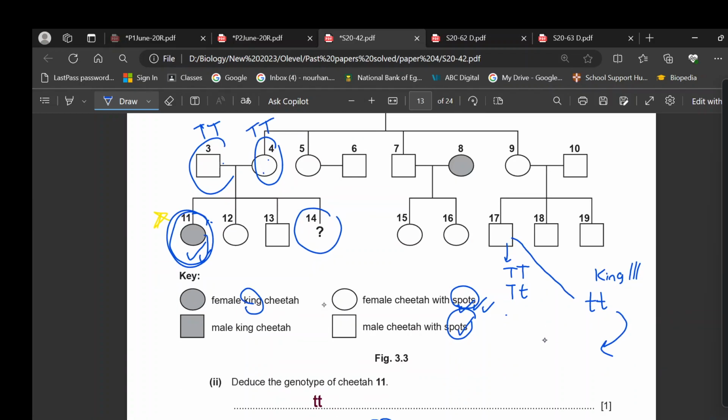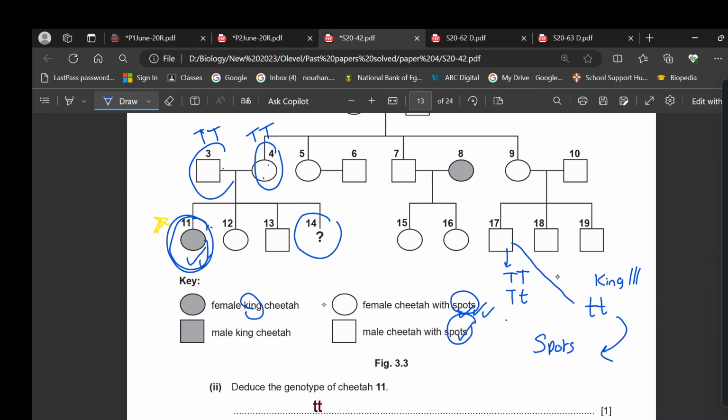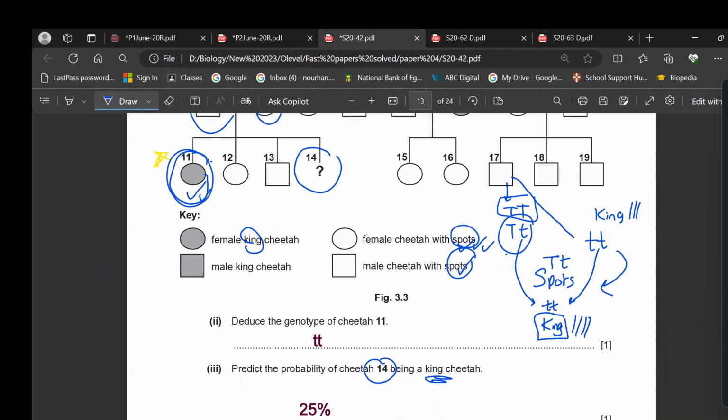If all the babies have spots, this means that 17 was capital T, because these babies inherit one capital from here, one small from here, and they are normal cheetahs. If one of the babies is a king cheetah, with stripes, this means that it inherits one small t from here, one small t from here. So 17 has to be heterozygous.